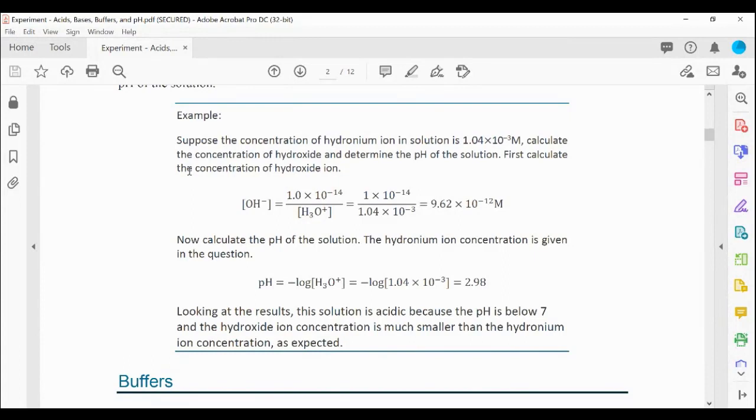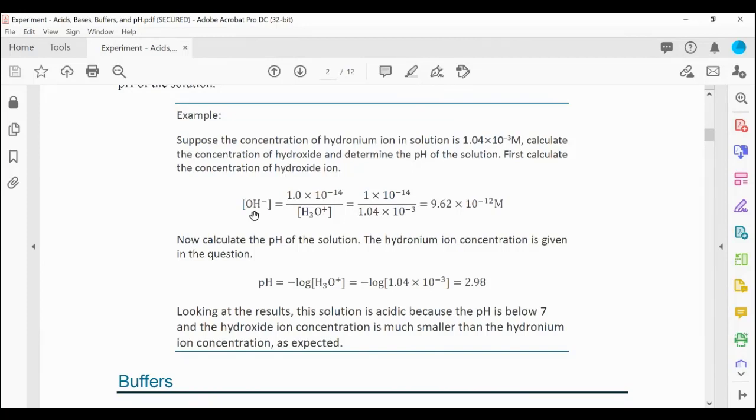So for that kind of problems, you know that the Kw is always, as is shown here, 1.0 times 10 raised to the minus 14. So the concentration of hydronium multiplied by the concentration of hydroxide is always going to be 10 raised to the minus 14, which means it's a constant.